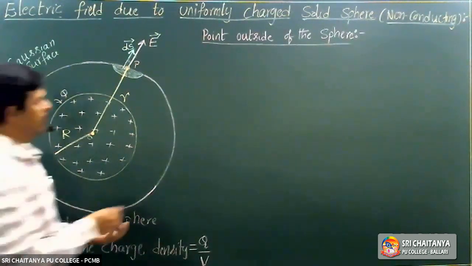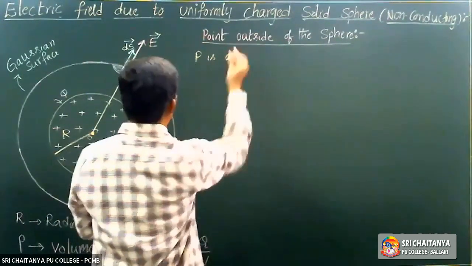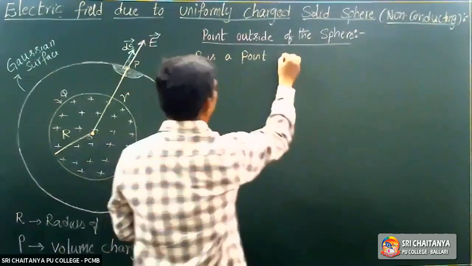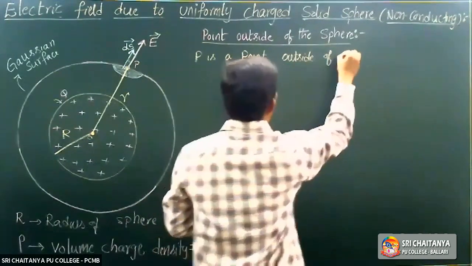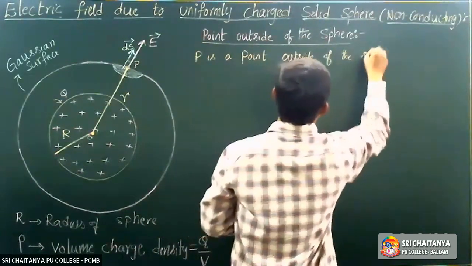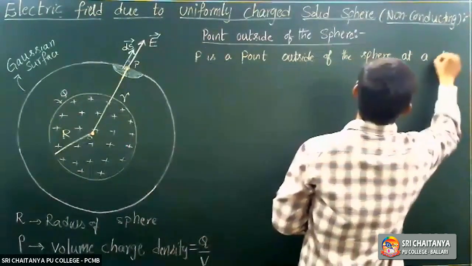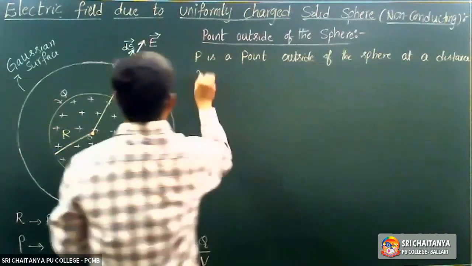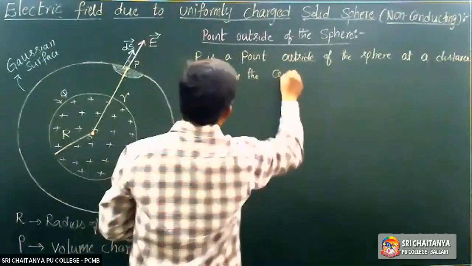So here P is a point outside of the sphere, at a distance r from the center.